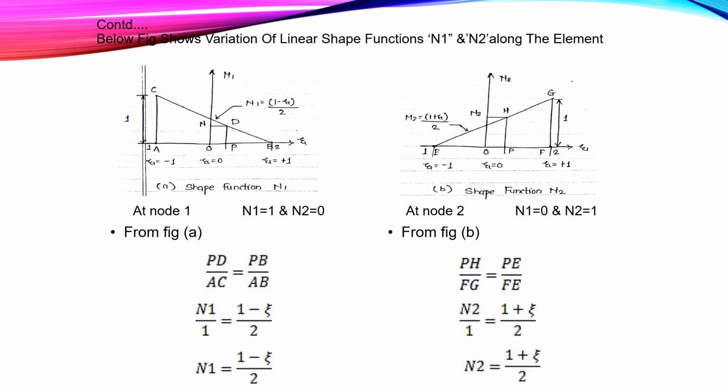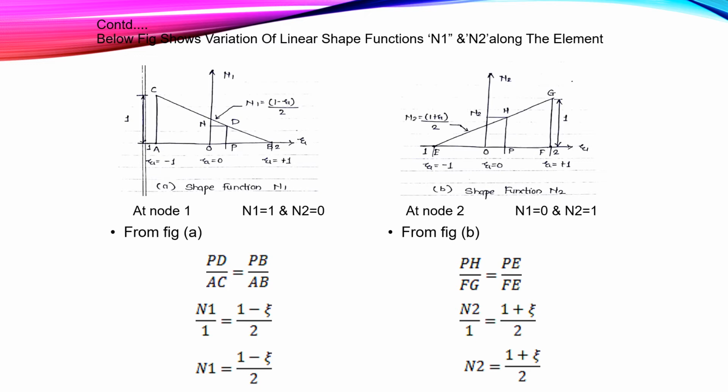Same here in figure B, PH upon FG is equal to PE upon FE. So what is the value of PH? Value of PH is N2, FG is unit 1, is equal to the distance of P, which is 1 plus zeta, and FE is equal to 2. So N2 is equal to (1 plus zeta) upon 2.